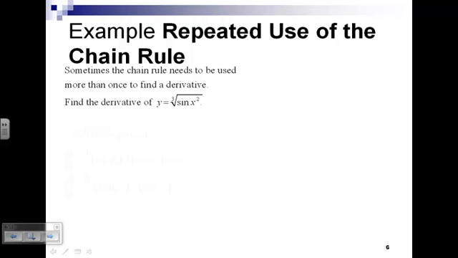Tyler, this is the inside. That's the inside. Okay. Charles. The inside is easy.